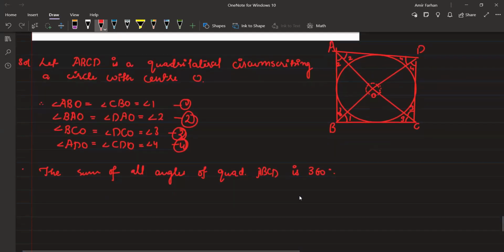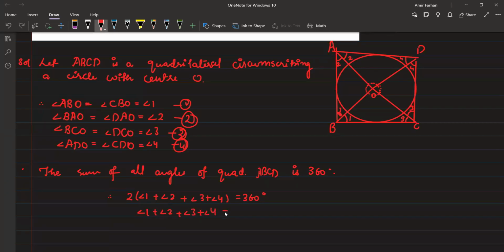Next, I can write twice of angle 1 plus angle 2 plus angle 3 plus angle 4 is equal to 360. Yes or no? So angle 1 plus angle 2 plus angle 3 plus angle 4 is equal to 180 degrees, because 2 will divide out. Yes or no? Very good.